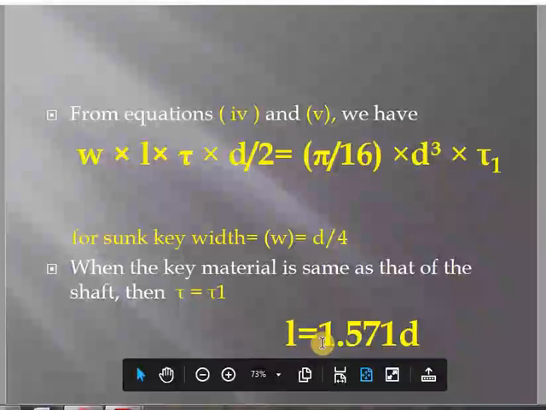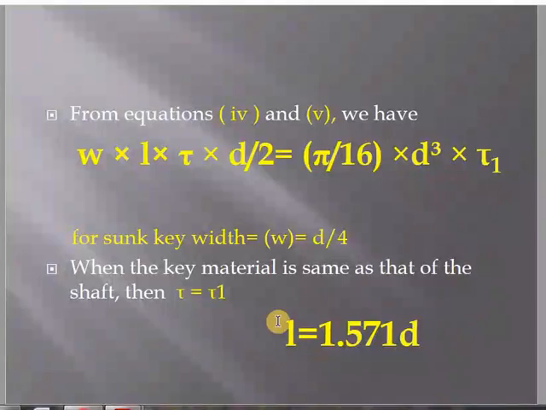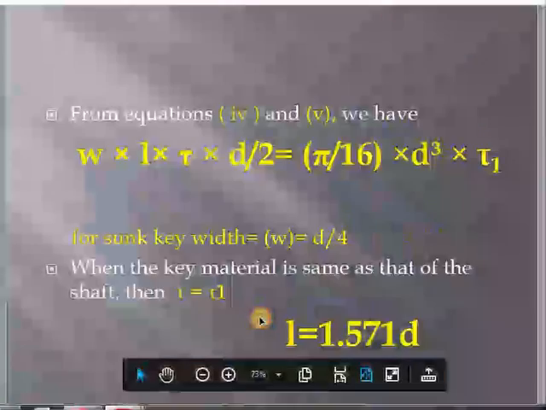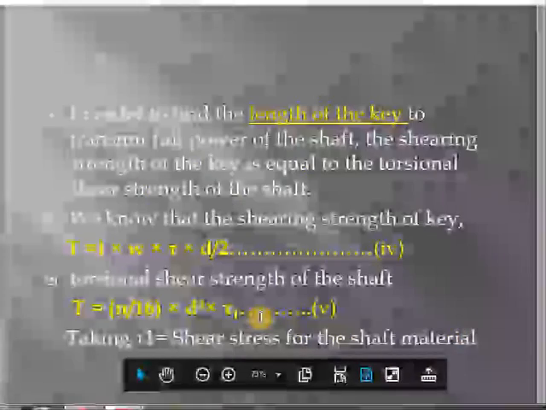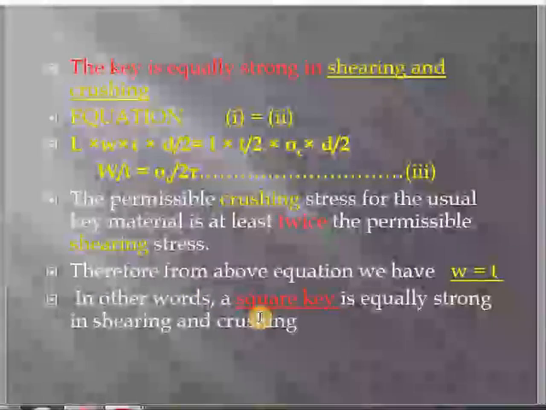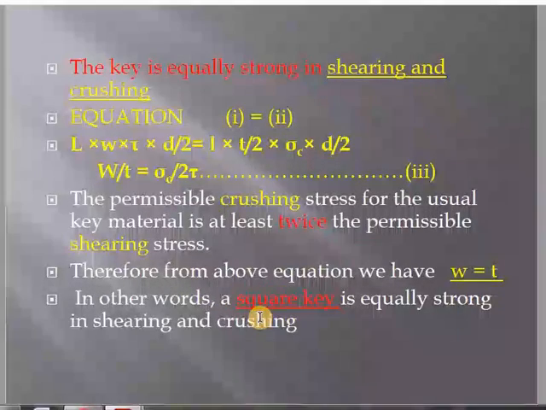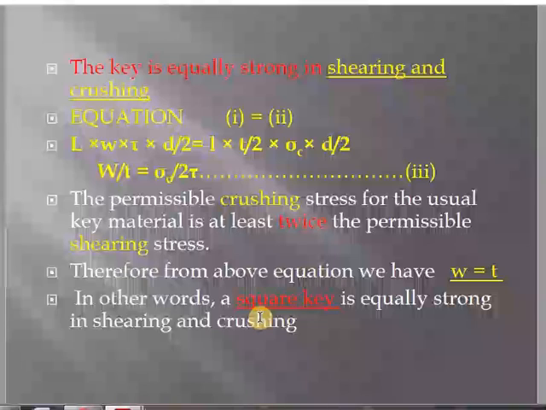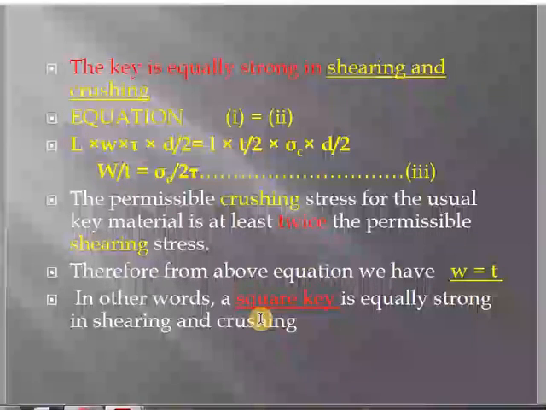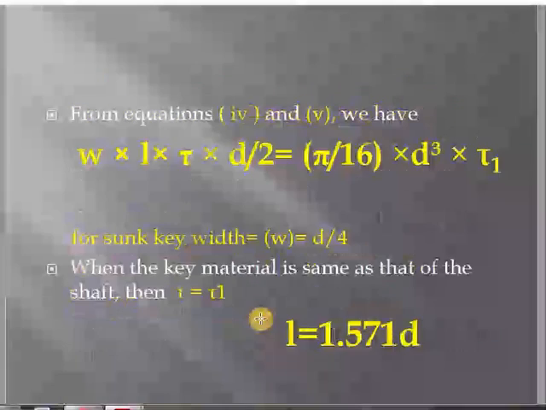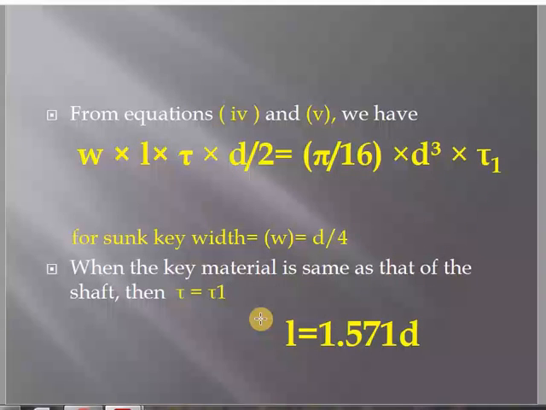So by doing this, we found the suitable length of the key, and also we found the shearing strength and the crushing strength of the key. By using all these equations, we can find the dimensions of the key and the suitability of the key for the given torque to be transmitted.